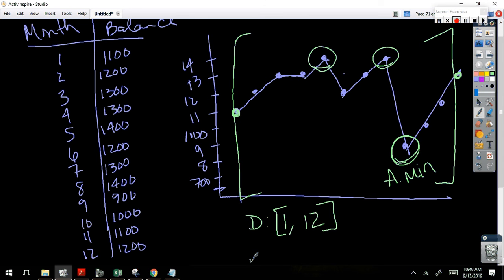Yes. Inclusive, exclusive. Smallest amount she ever had was 9. The biggest amount she ever had was 14. Tell me what you think. In behavior, domain, range, and extrema. Okay. Do what? Watch the video again.